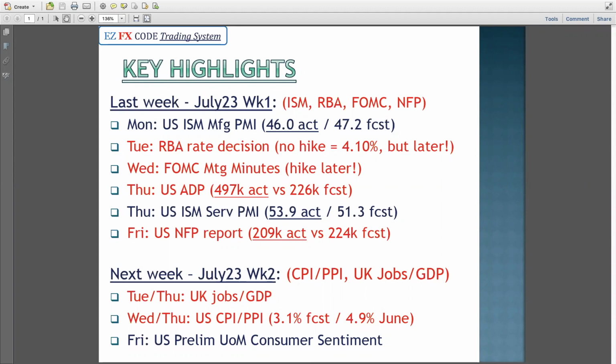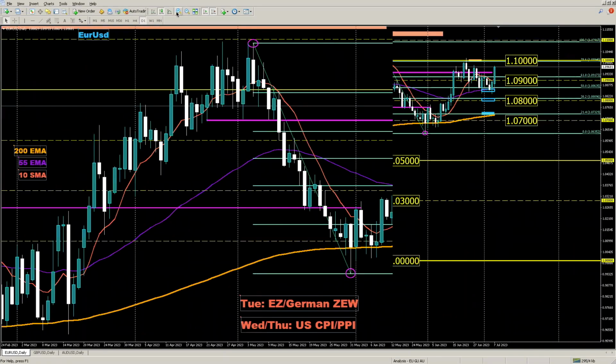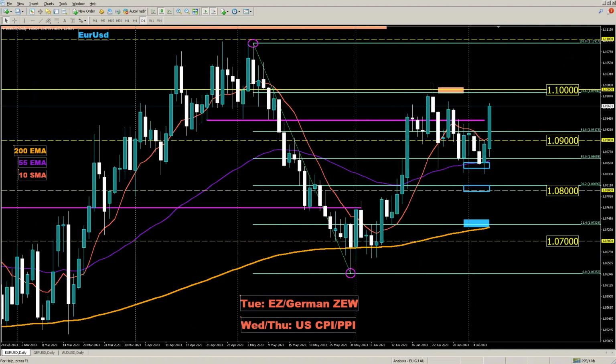Let's move back to the analysis. Let's begin with the euro, where it has been dipping lower and finding support again from the daily 55 EMA, and managed to bounce on Thursday before the NFP data on Friday.